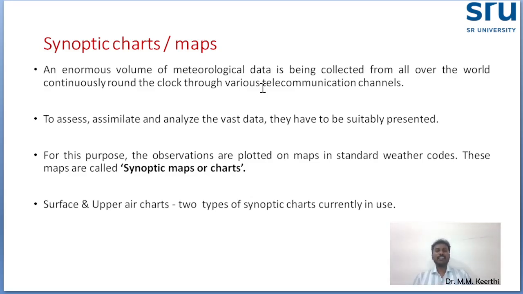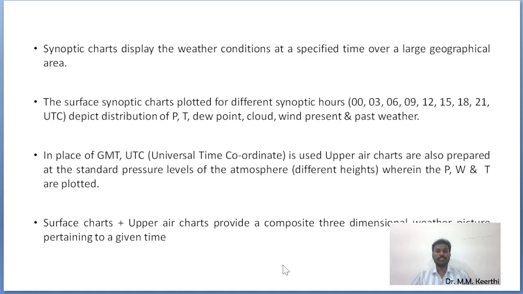Here they discuss weather codes, standard weather codes. Using that, the weather forecasting is done. There are two types of synoptic chart: one is the surface synoptic chart, another is the upper air chart. These two types are used nowadays.